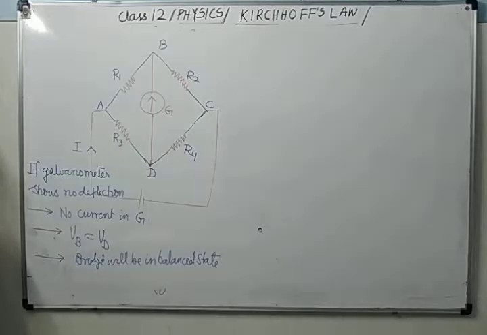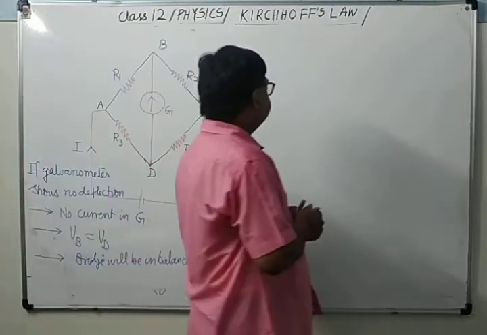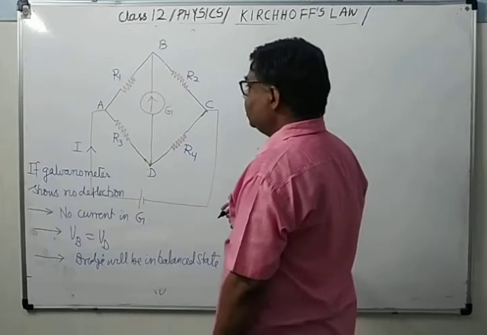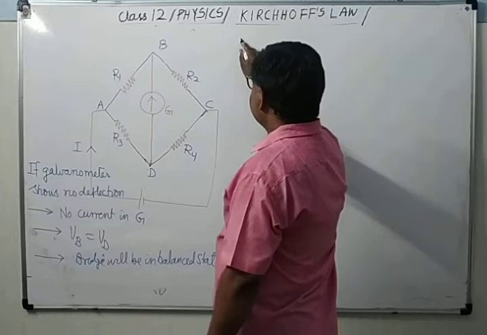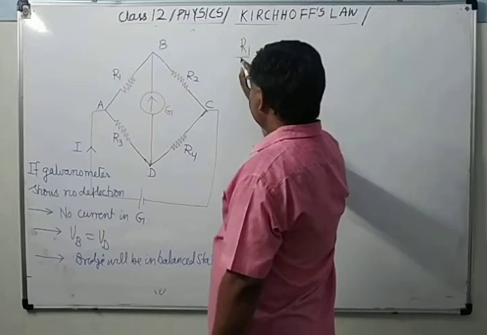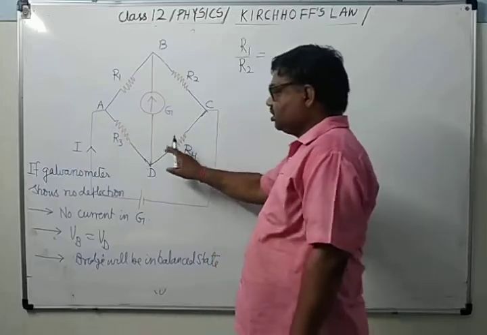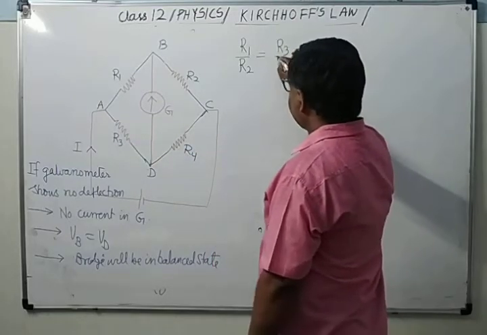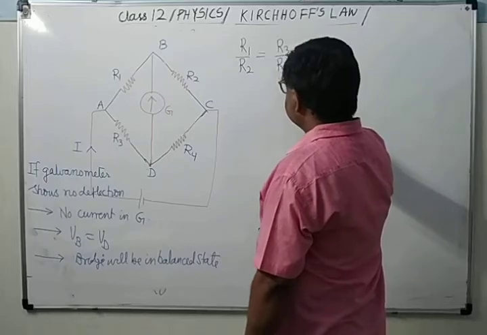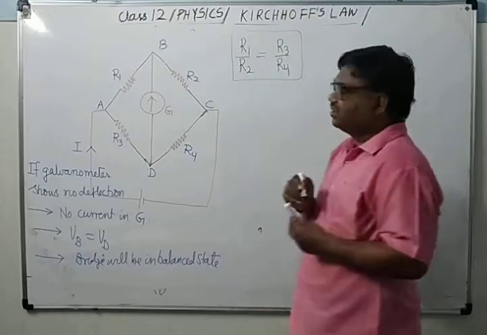And when the bridge is in the balanced state, we find that the ratio of resistances in any two adjacent arms, we have taken this and this, R1 upon R2, will be equal to the ratio of resistances in the remaining two arms, that is R3 upon R4. We get this condition under the balanced state.